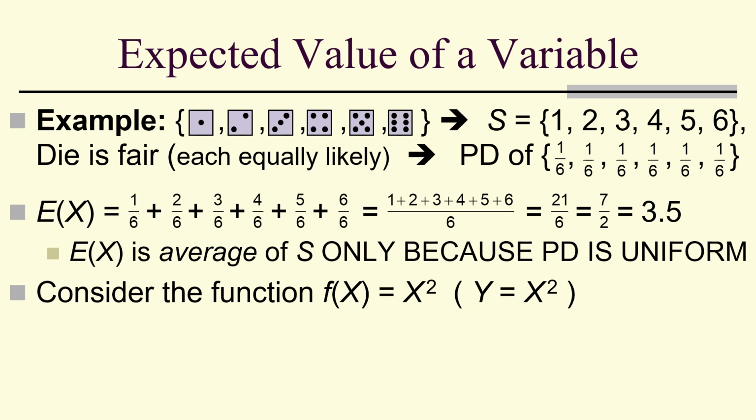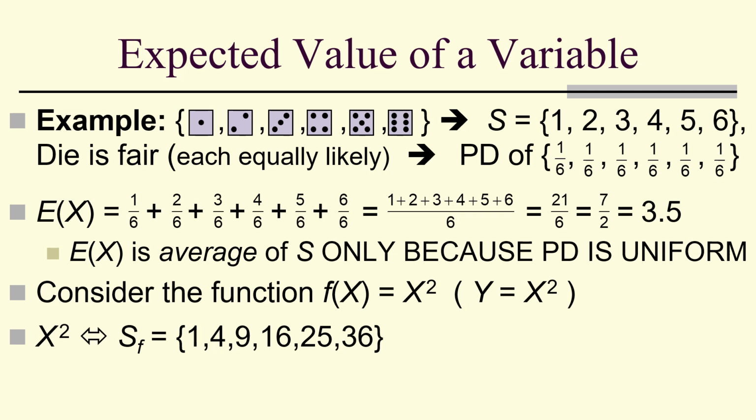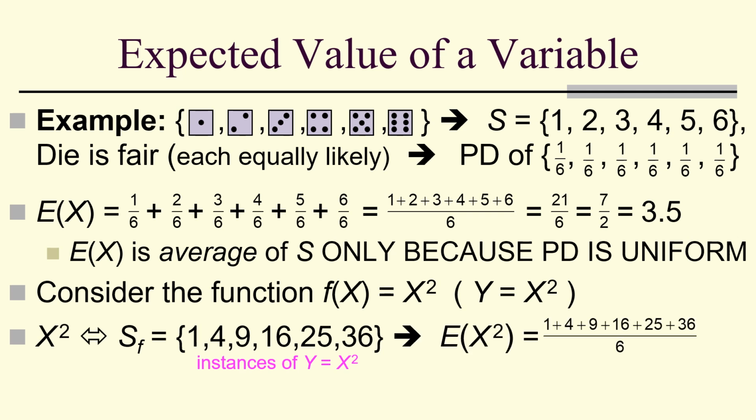So consider the function, say, f of x equals x squared. Here y is equal to x squared. X squared means that our sample space for the function applied would be 1, 4, 9, 16, 25, 36, the squares of the original S. These are instances of y equals x squared. The expected value of x squared would be the sum of all the things in S divided by 6.